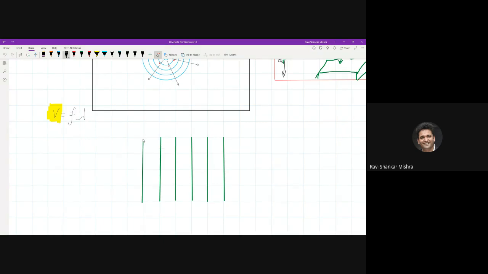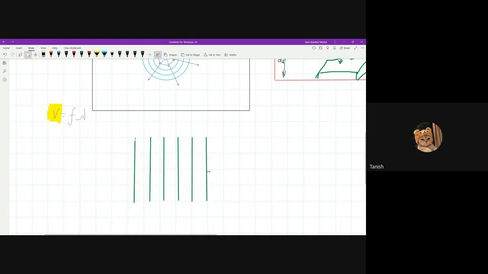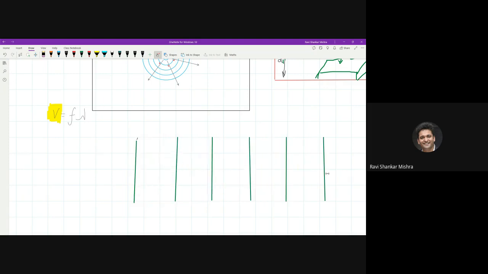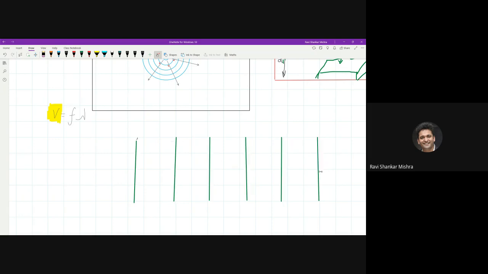So if it is hitting more times in a second, then the distance between these wavefronts might reduce. Yes or no? This distance might reduce to this if more oscillations are happening, and if very few oscillations, then the wavefronts will be like that, correct?